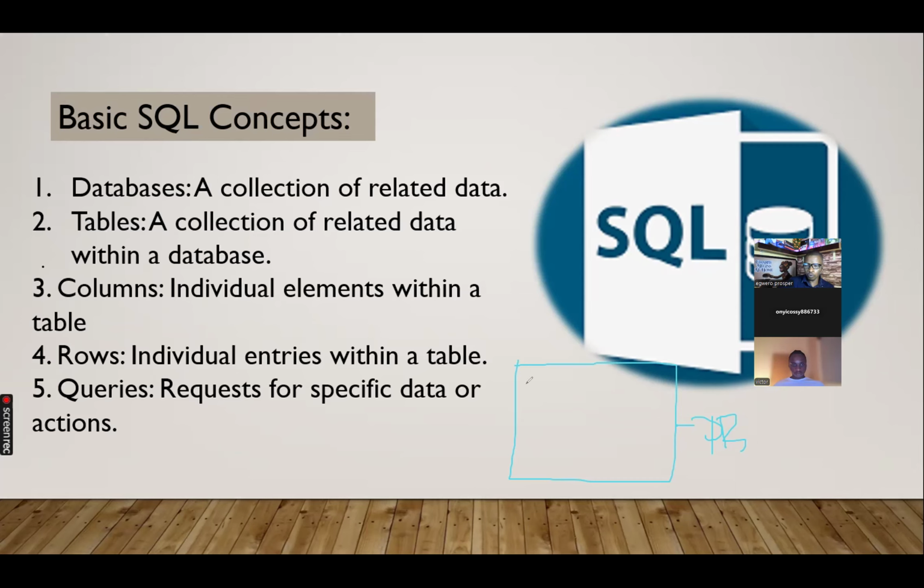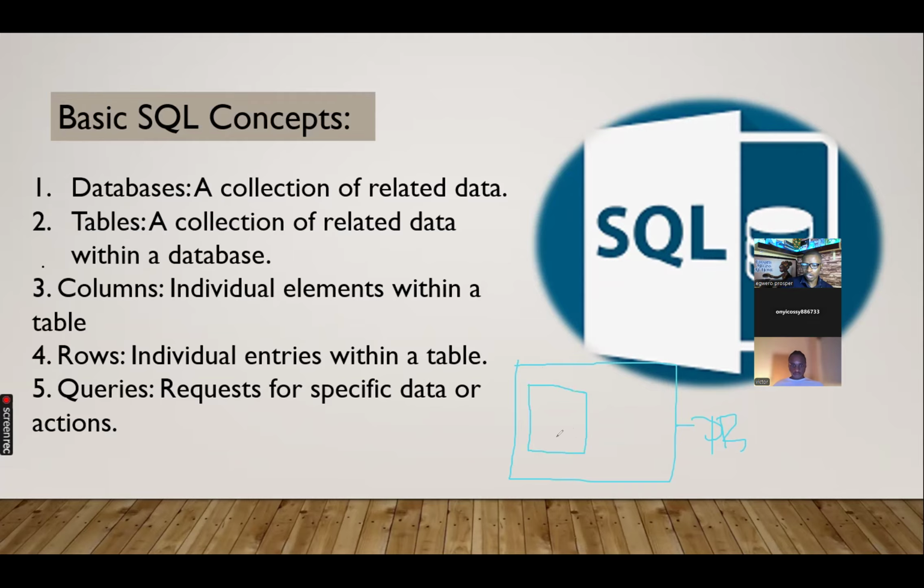So for example, if we assume that this database is about a company's sales data, in that company we are going to have columns, we are going to have tables that will be holding different data.